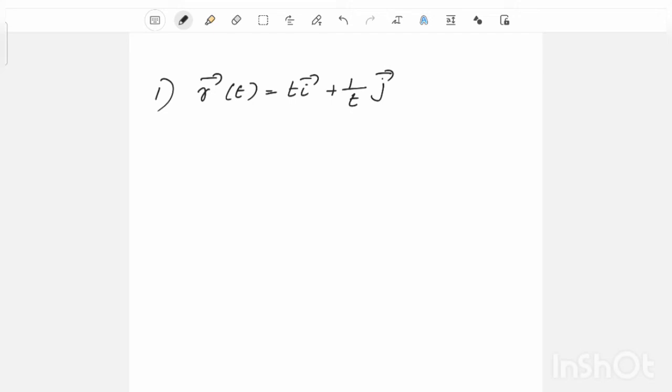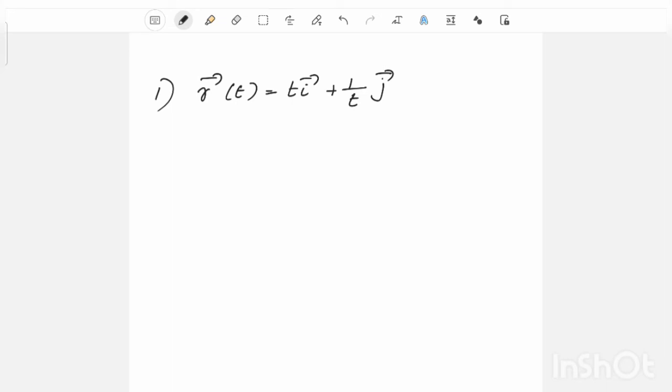For finding the domain of a vector valued function, we can consider each component, and we have to find the domain on which all those components can be defined. We have to find the subset of the real line in which all these component functions can be defined.